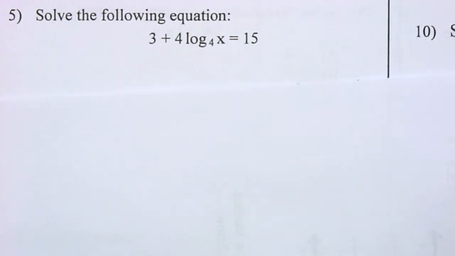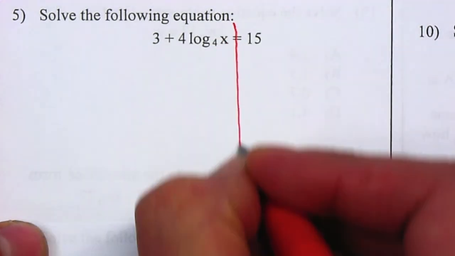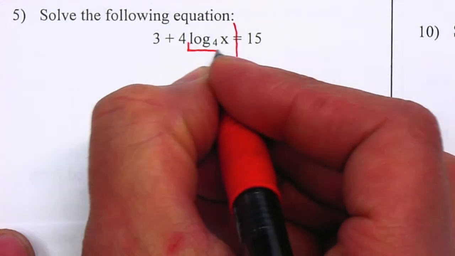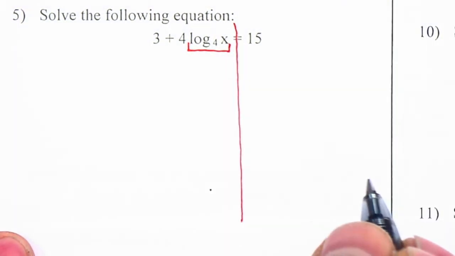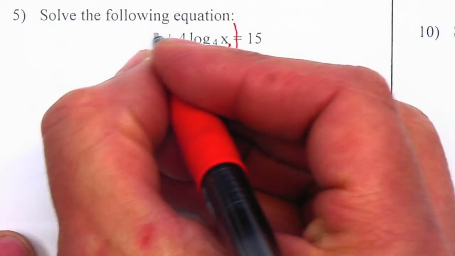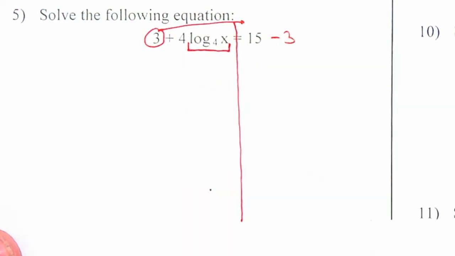Example number 5. We want to solve the equation. So let me go and draw the line. I want to leave the log base 4 of x by itself. So before I can actually get rid of the log, first thing, I want to move my 3 to the right, becomes a negative 3.